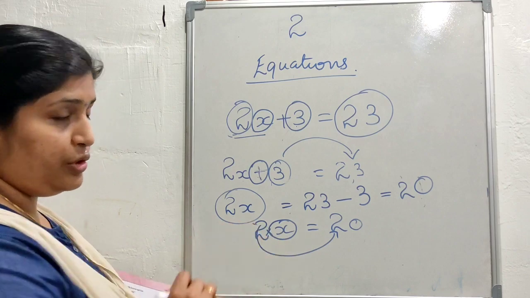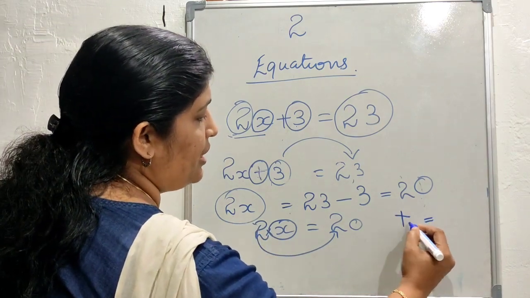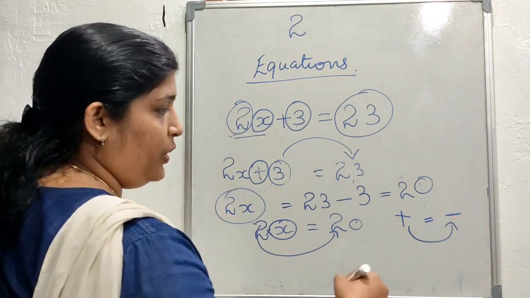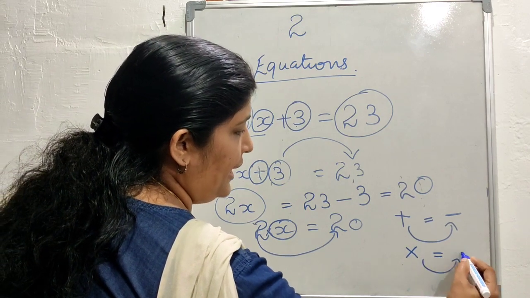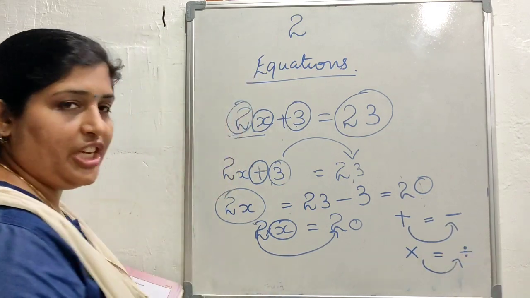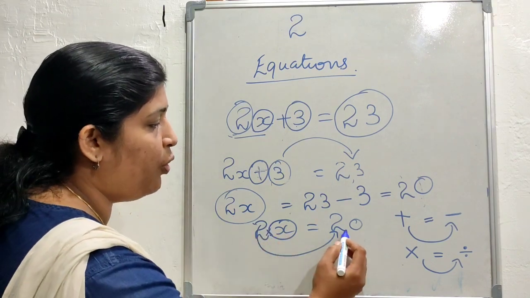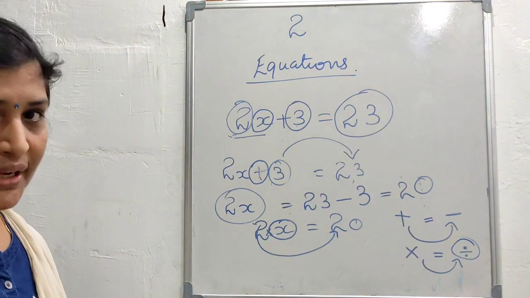We know that if a plus sign goes to the other side, it becomes minus. Then if multiplication goes to the other side, it becomes division.